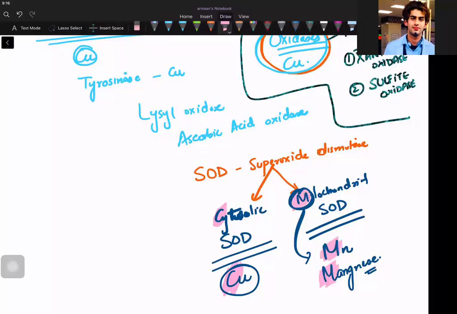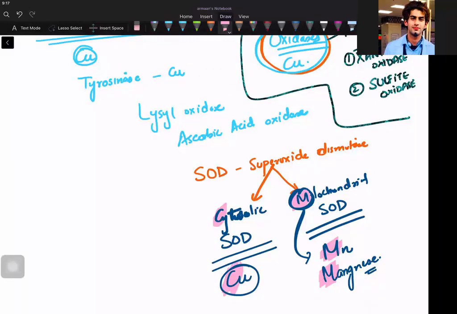What we do is we start cramming things, but cramming is not important. Important is whether we know the difference first. So if I tell you, even if I have a deficiency of copper, still two pathways can work, that is xanthine oxidase and sulfite oxidase.